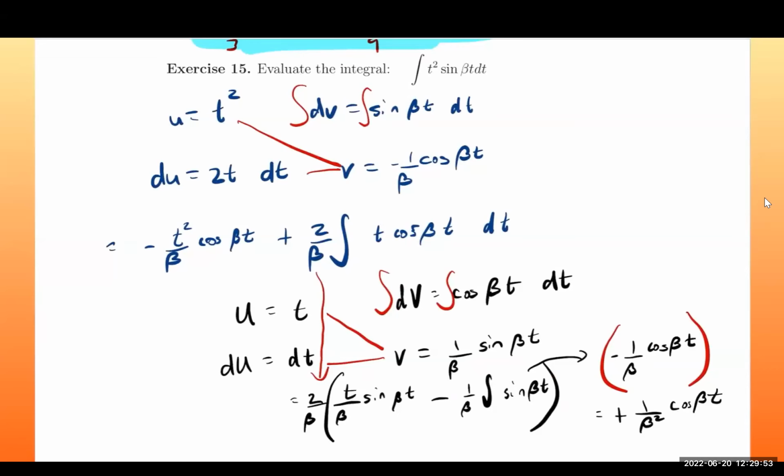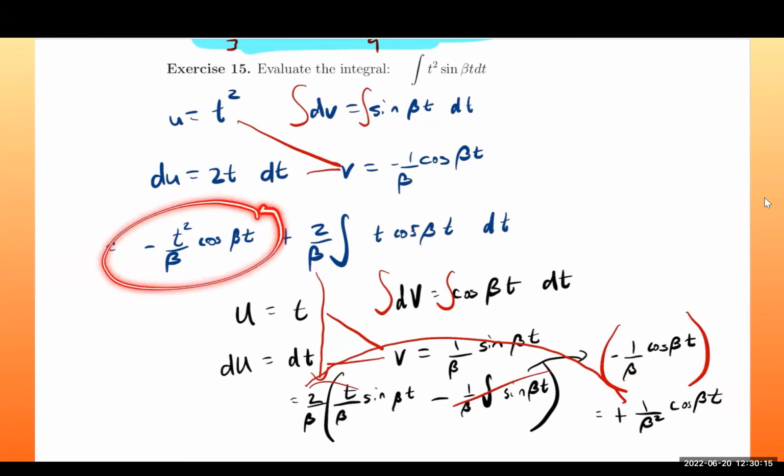So let me clean this up a little. All right, we still have to distribute, but remember, this became this. So this term is gone and got replaced with this term over here. So I'm going to write this term first.